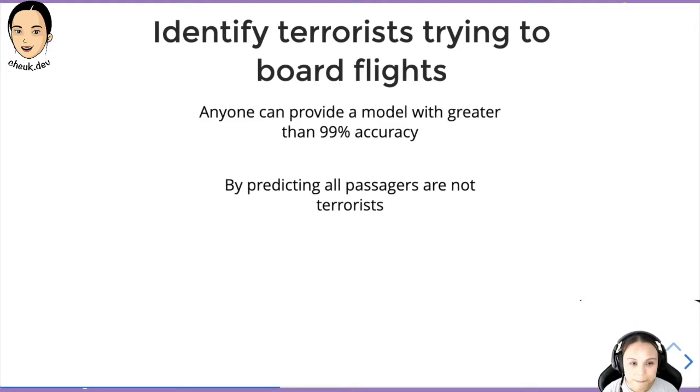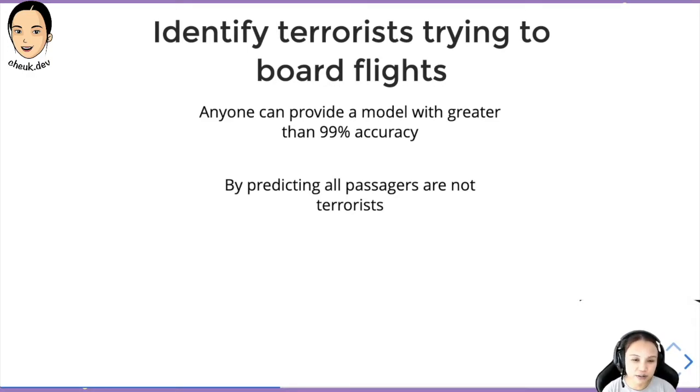So how can we achieve that? Well, this is actually very easy. We call that constant prediction, and a lot of models have this problem. I've encountered things like this before.